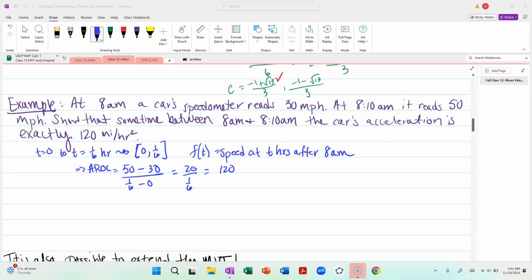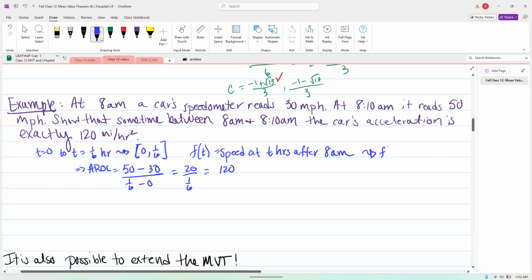So then maybe a question is, f prime of t, does that exist? Well, yeah. As we think about why a derivative might not exist, are there any breaks? Are there any gaps? Any sharp turns?